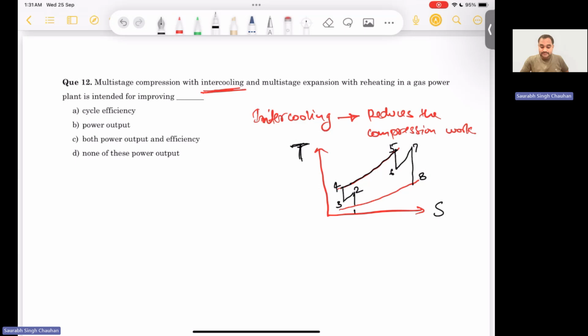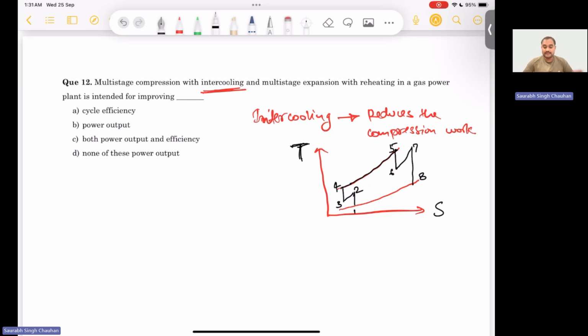Okay, so if you want to reduce the compression work, you should try to move towards left, right? So that compression work will be less. And if you reheat, then you move towards right. So again, the gap increases. So you are reducing the compression work and you are trying to increase the turbine work.